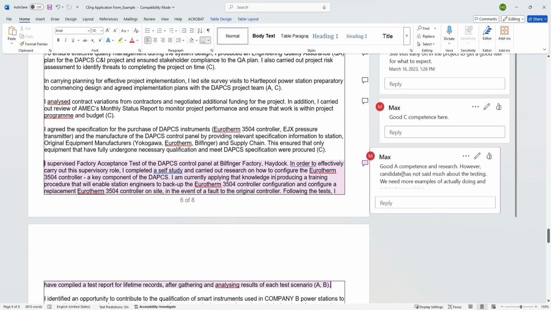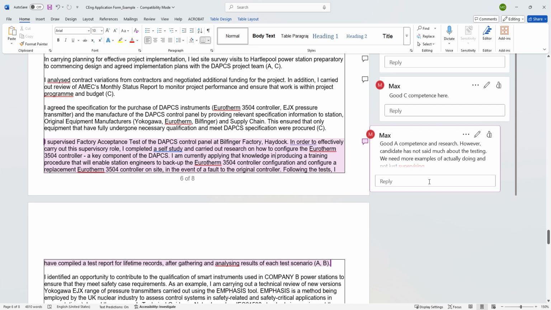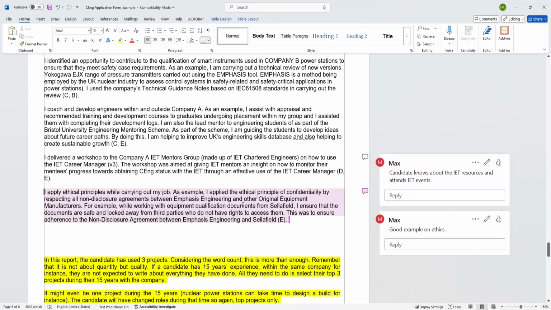And the comment here is, this is a good A competence because the candidate performed some research. That's very good. The research was aimed at extending knowledge to enable the candidate to perform work on the technical aspect of the project.